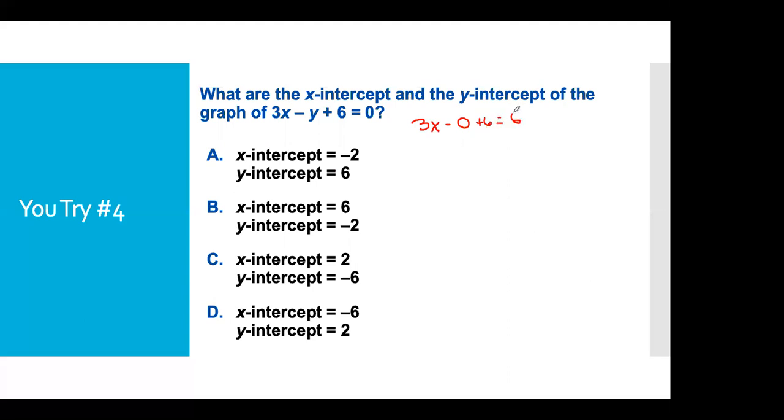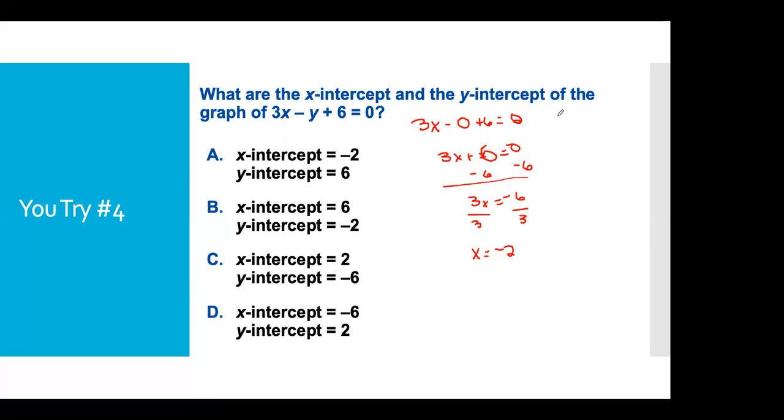When we do that, we get 3x plus 6 equals 0. So we're going to subtract 6 from both sides. And we're going to get 3x equals negative 6. We're going to divide each side by 3. And we get x equals negative 2.